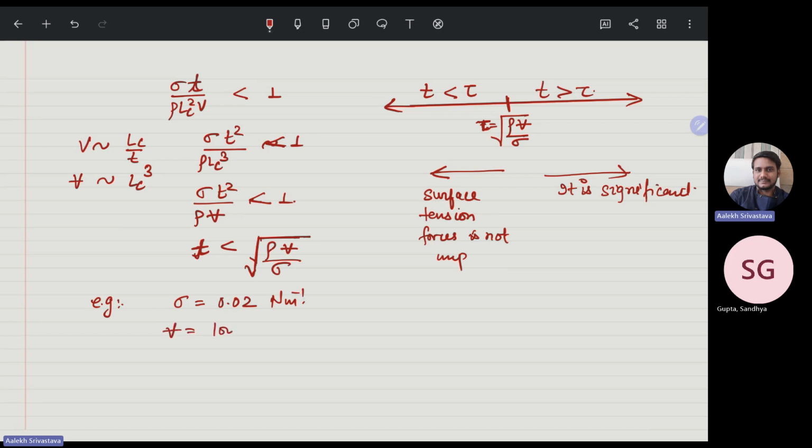The volume spilled is 100,000 tons, and the rho of oil you can take as 800 kg per meter cube. It is asked for what time you should not consider surface tension force. If you obtain t_s, it is approximately 20 hours. So till 20 hours, the surface tension force will not be important, and after that, the surface tension force will come into the picture. This is one example of the importance of each term and how to solve.